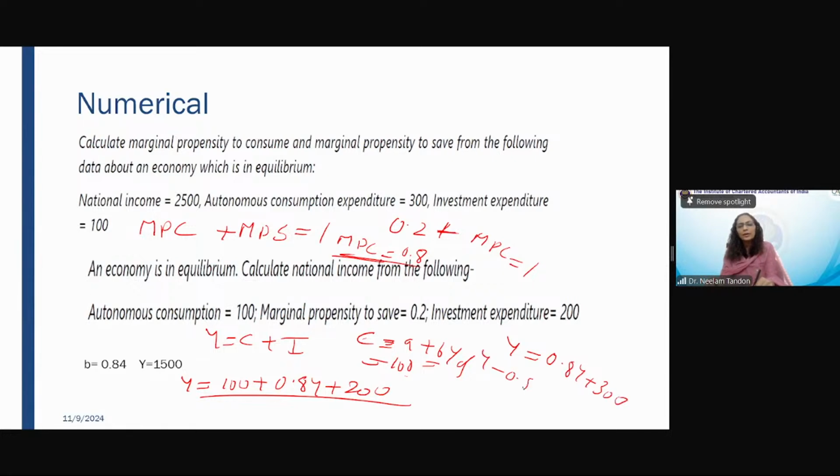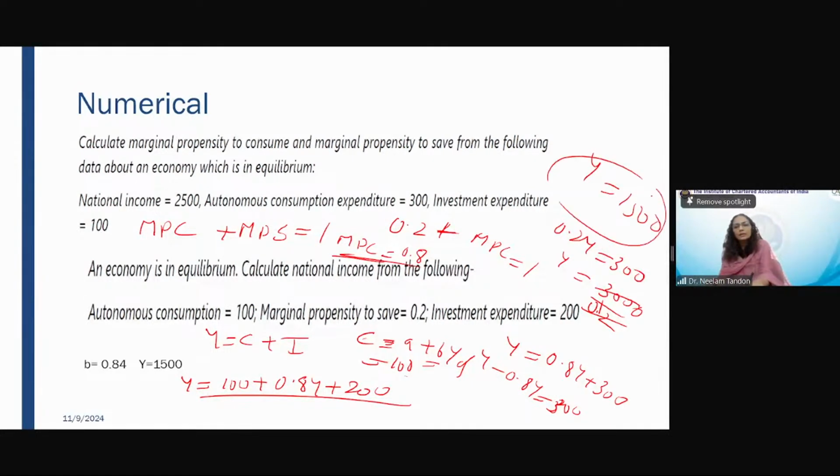Y minus 0.8Y is equal to 300, and 0.2Y is equal to 300. Y is equal to 300 by 0.2, which is equal to 1500. So the Y value will be 1500. If you know the formulas and the concept, you can solve these questions with ease. This is how questions can be addressed.